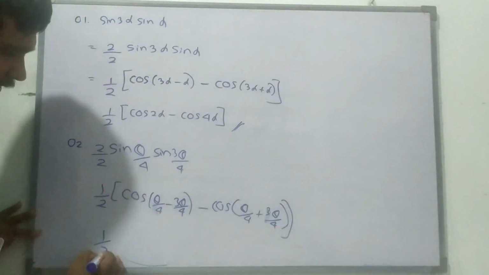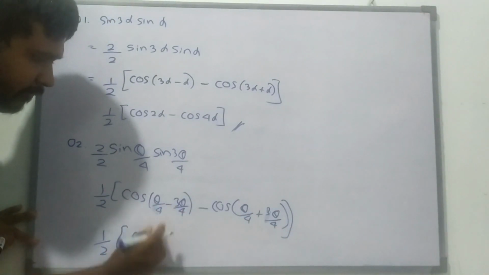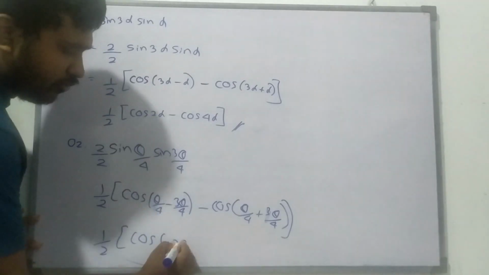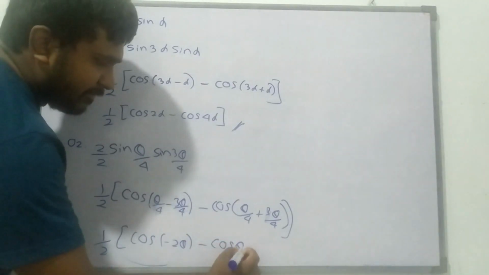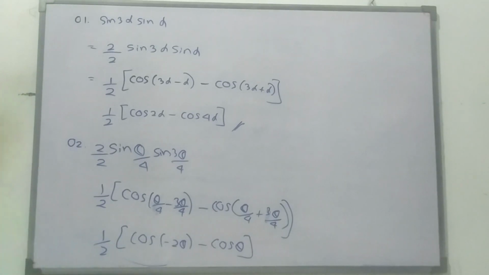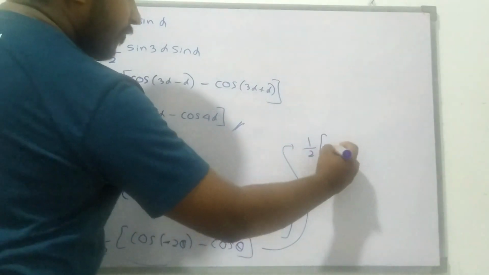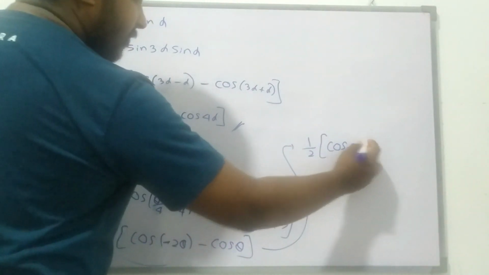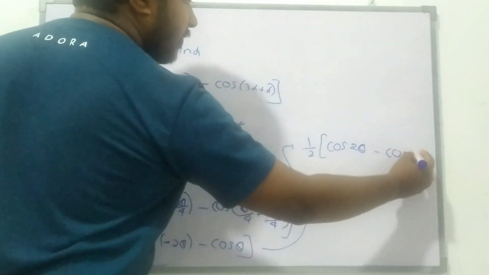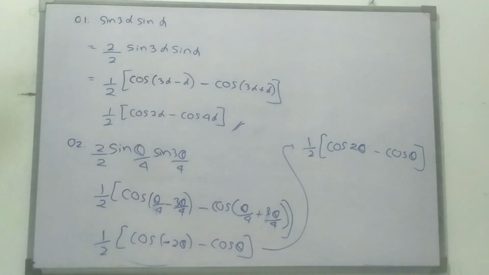So it's basically half cos minus 2 theta minus cos theta, right? So what is cos minus 2 theta, which is again cos 2 theta: half cos 2 theta minus cos theta. Right, so this is the answer of that example.